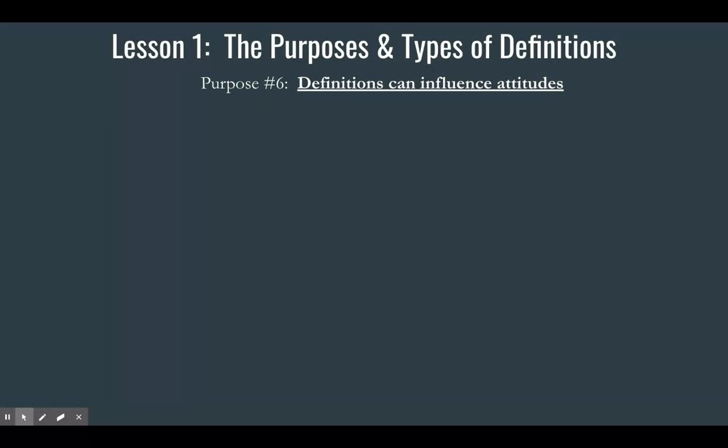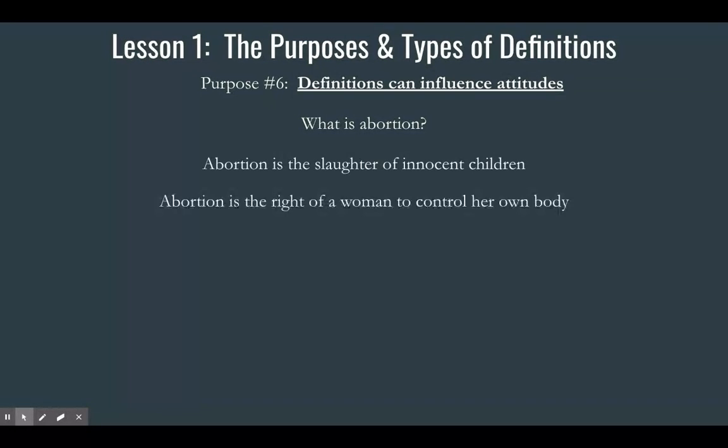Purpose number 6, definitions can influence attitudes. So if I went up and asked a Democrat, what is abortion? They're going to likely say a woman's right to choose. But if I asked a conservative Christian, what is abortion? They're going to say something like abortion is the slaughter of innocent children. And what both these people are trying to do is by defining abortion a particular way, they are trying to influence your attitude.